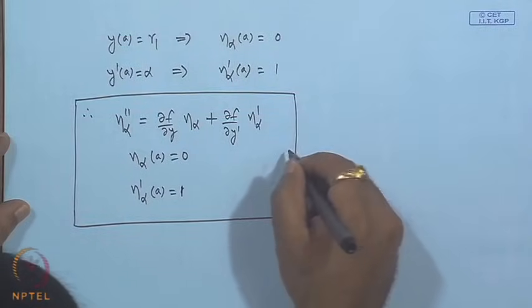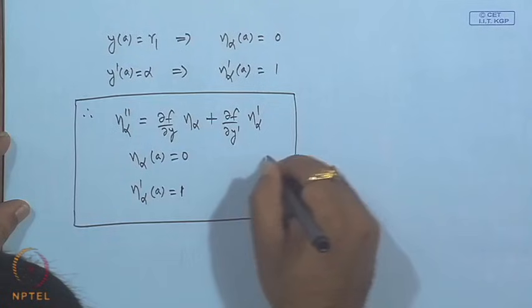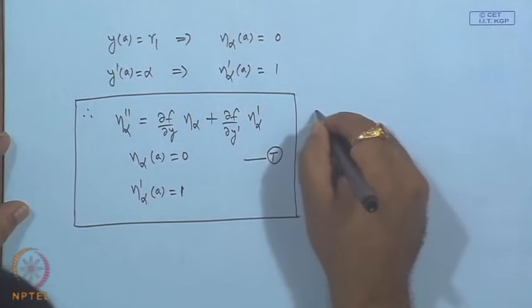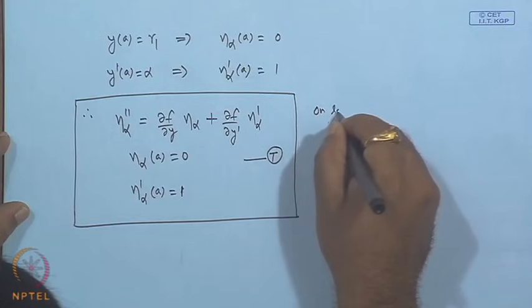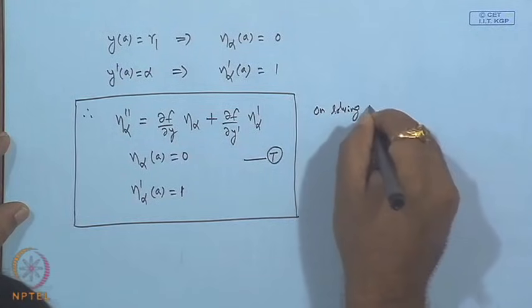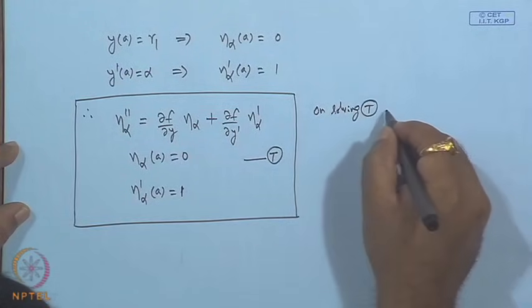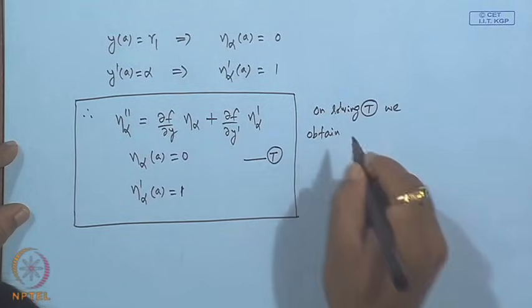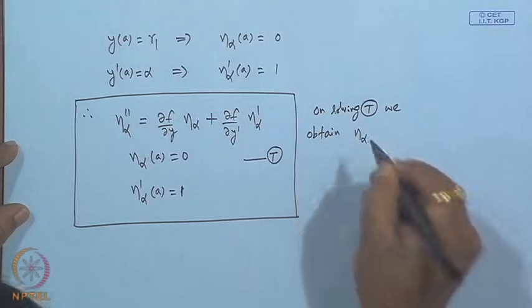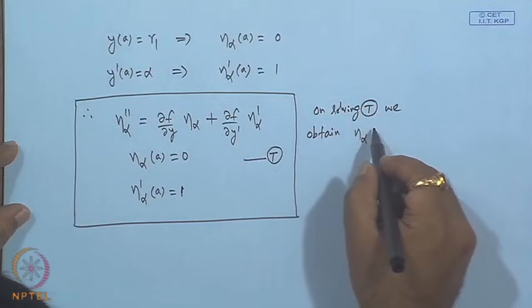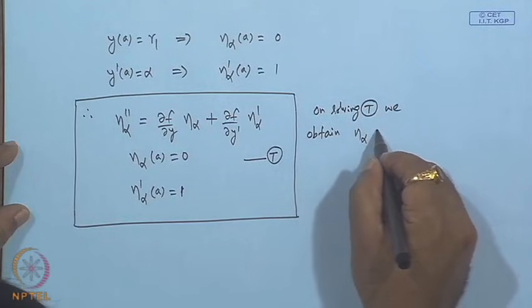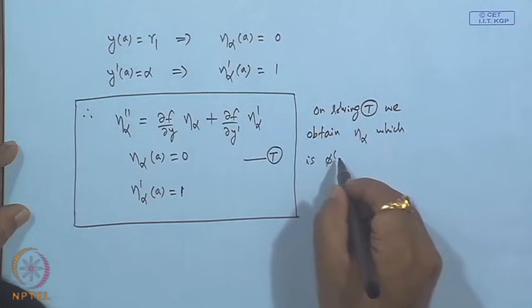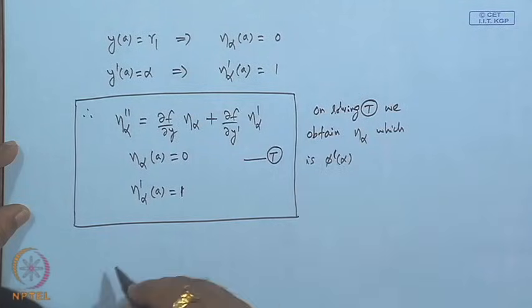So, this is some system. On solving it, we obtain eta alpha, which is phi dash of alpha.